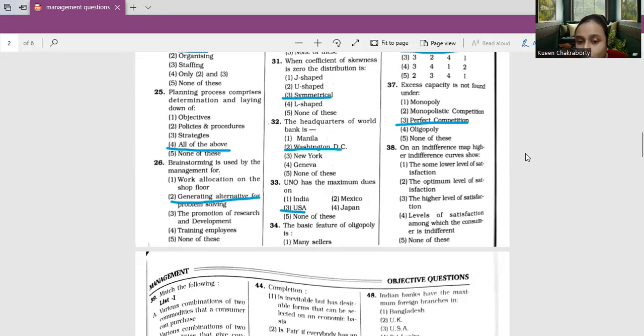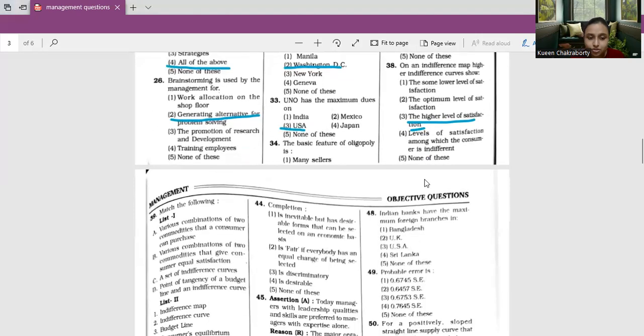Although the goal of the consumer is maximization of satisfaction, the means of achieving the goal is not clear. A higher indifference curve not only gives higher satisfaction, but is also more expensive. Accordingly, a higher level of satisfaction will be the correct answer. That is option number 3, higher level of satisfaction.